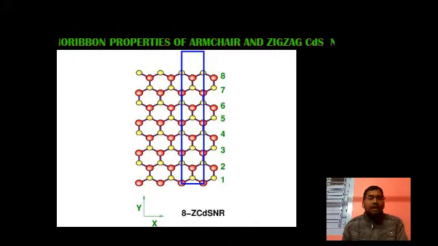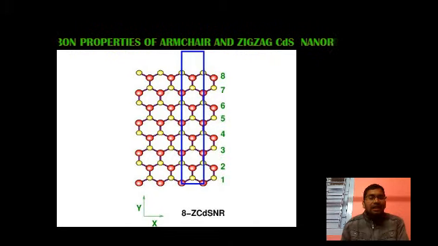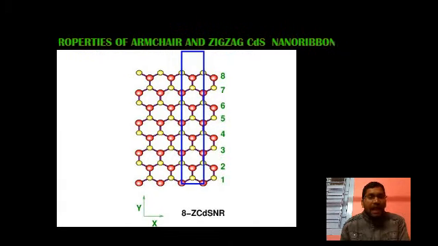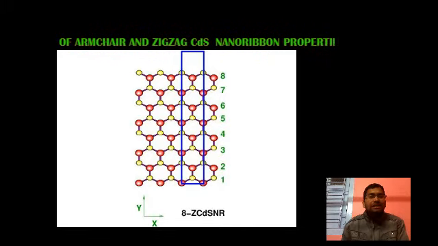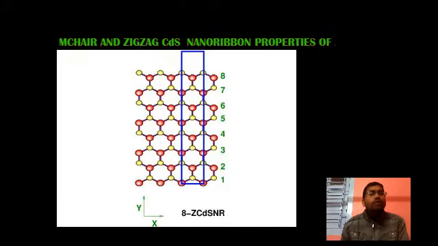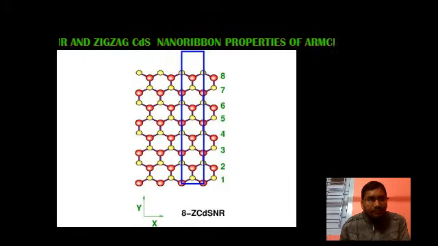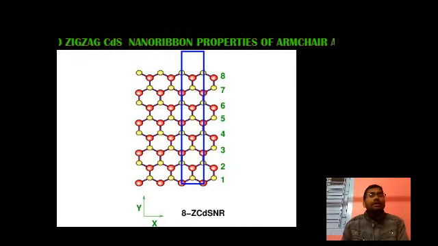Here the naming convention is the number of zigzag lines across the width. So you can see this is a 7-wide zigzag cadmium sulfide nanoribbon.